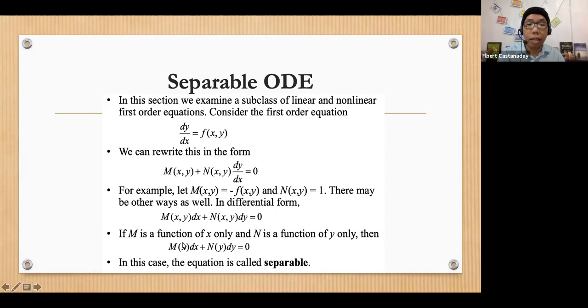So if the given equation, where dx has a coefficient with functions of both x and y, and dy has a coefficient with functions of both x and y, can be put into this form, where dx has a pure function of x as a coefficient and dy has a coefficient that is a pure function of y, equal to 0, then this is a separable differential equation, or a variable separable DE.